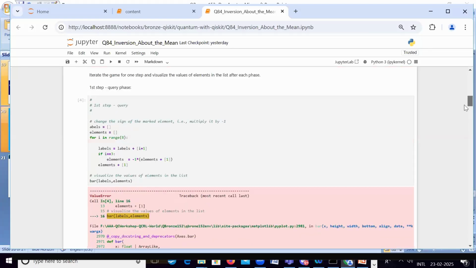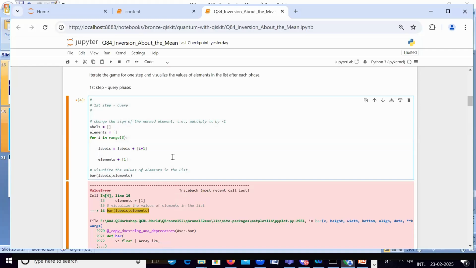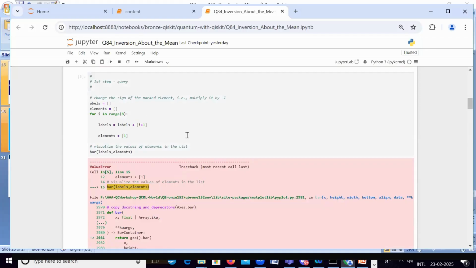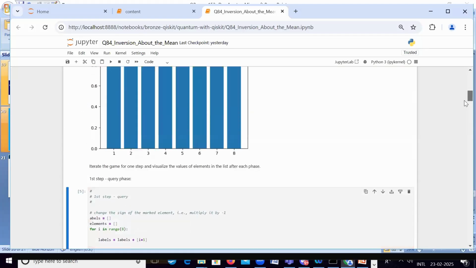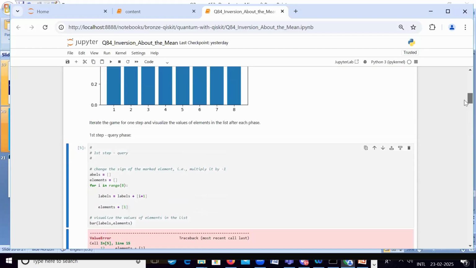What really happened here? Oh, these labels.